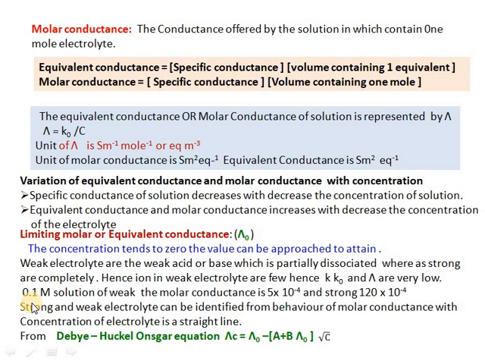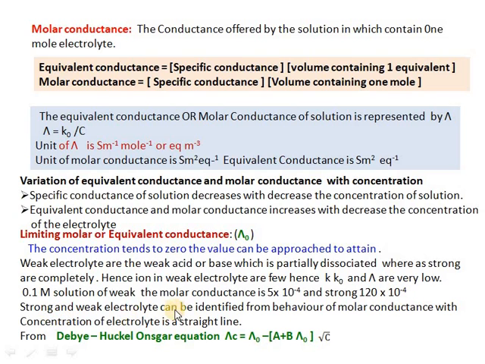For example, 0.1 molar solutions of a weak electrolyte show a molar conductance of 5 into 10 raised to minus 4, but such solutions of a strong electrolyte show 120 into 10 raised to minus 4.